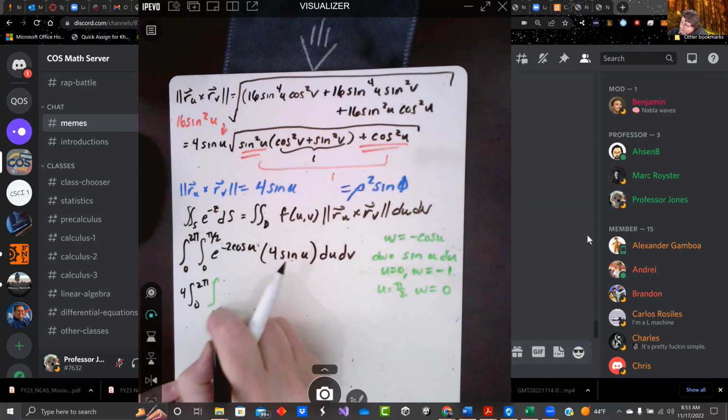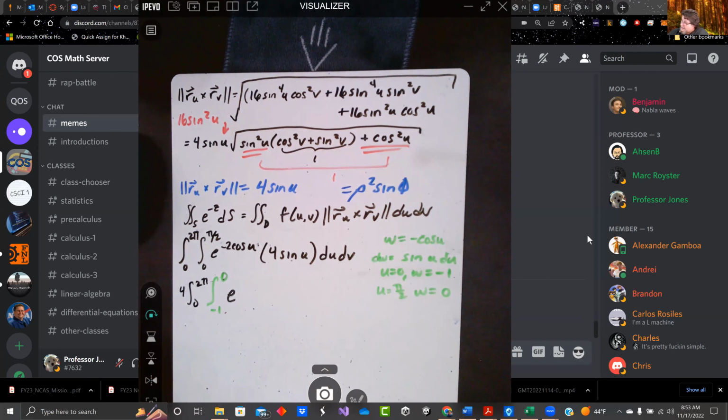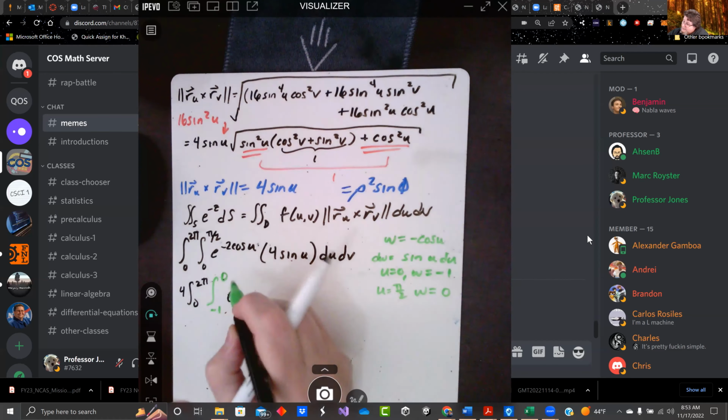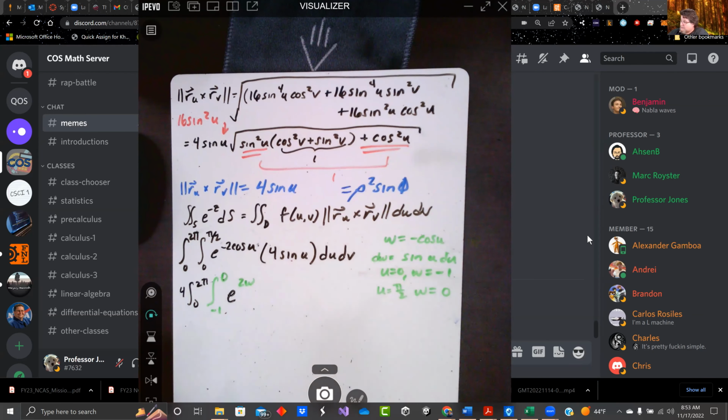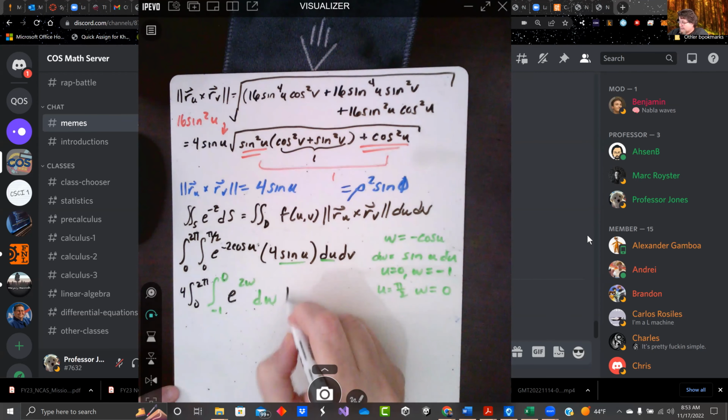I've got negative 1 to 0, and then we had e, this should be 2w up there now, and the sine u and the du turned into a dw. And then we got a dv.